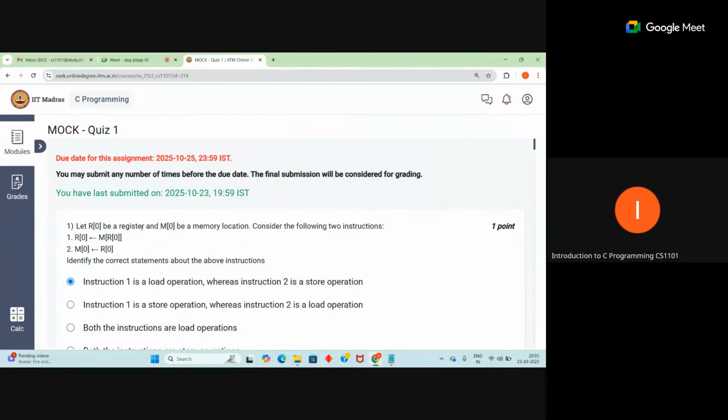So the first question: let R0 be the register and M0 be the memory location. Consider the following two instructions. The value at the memory location pointed to by register 0 is copied into R0.